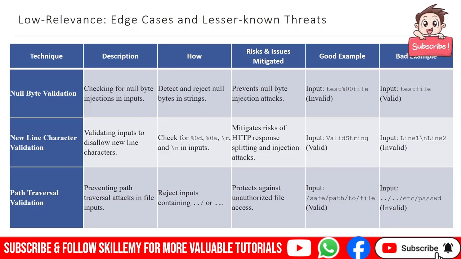For example, a valid input such as /safe/path/to/file indicates correct usage of the directory structure, ensuring that only permitted files are accessed. Conversely, an input like ../ and similar sequences pursues attempts to traverse directories and would be flagged as invalid, effectively blocking a potential attack.